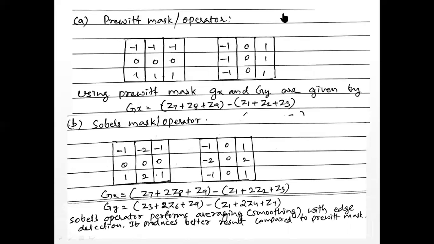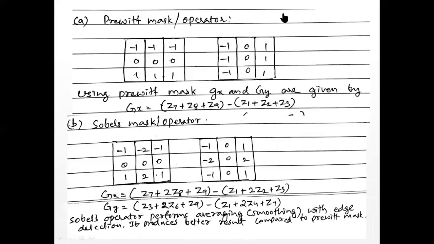These basic gradient operators we have already discussed in the second module, under the heading of image enhancement using spatial domain techniques. So here again, it is just a repetition of the same concept. We are discussing three gradient operators: Prewitt, Sobel, and Roberts cross gradient operators.